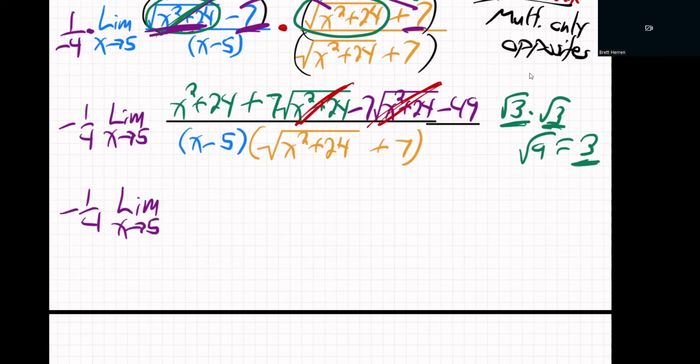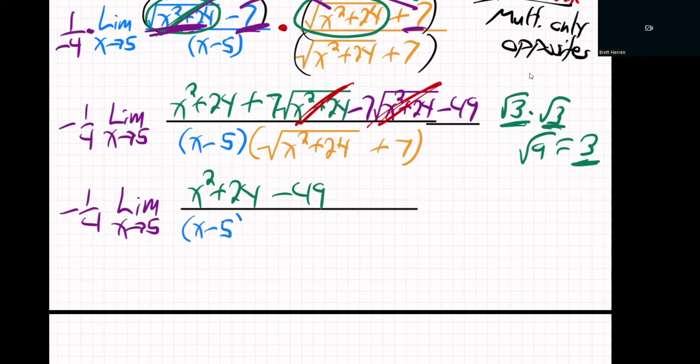Limit as x goes to 5. What do we have left? We have x squared plus 24 minus 49 on the bottom. Nothing much has changed on the bottom. Same as it was.